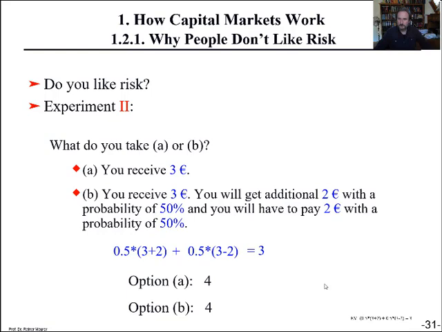Okay, so let's now have a look at experiment number 3.